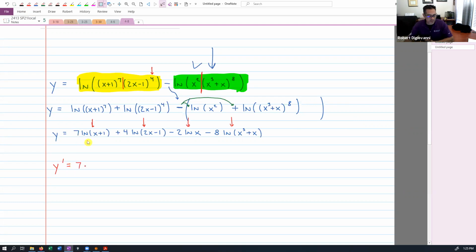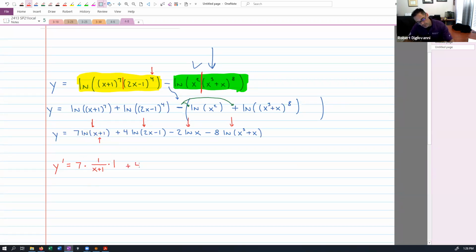What is the derivative of natural log of something? It's 1 over that something times the derivative of what was in here. What's the derivative of what's in here? 1. Okay, I don't need to write that 1, but I'm going to put it there just so you understand that I'm using chain rule there. And I'm done with this first one.